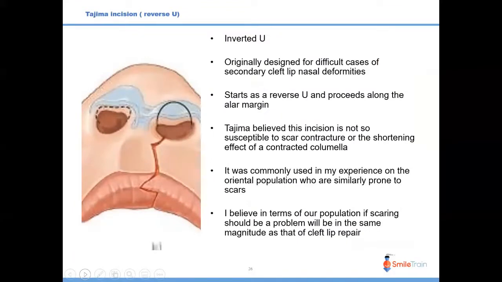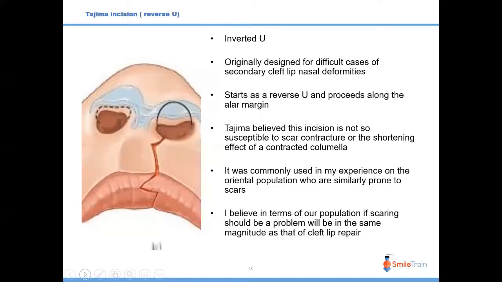And these are the things that the semi-open rhinoplasty addresses. I'd like to just talk about the Tajima incision, which has been mentioned. It is also called the inverted U or the reverse U. It was originally designed by Tajima for difficult cases of secondary cleft lip nasal deformities.